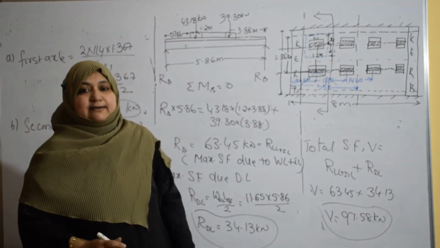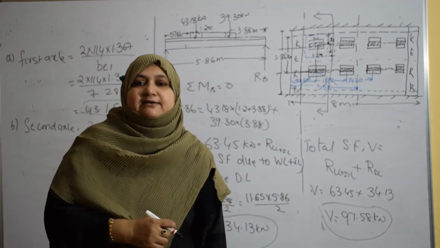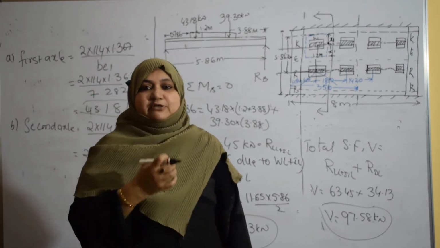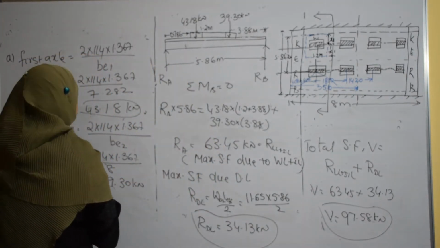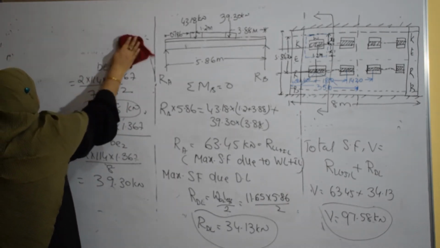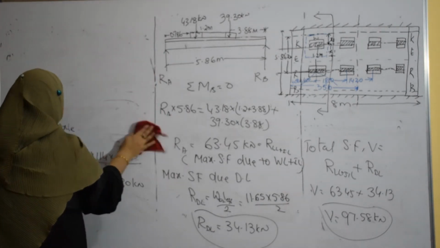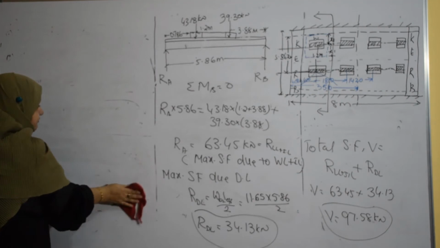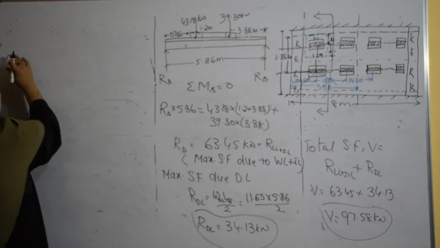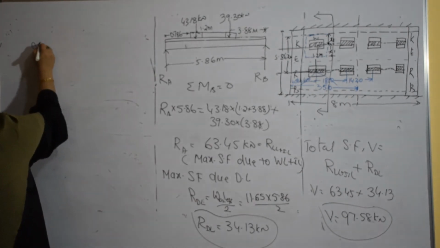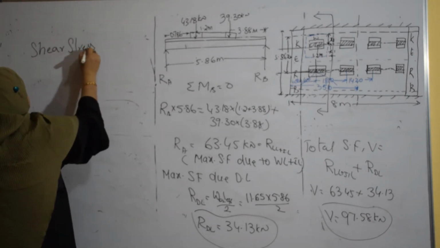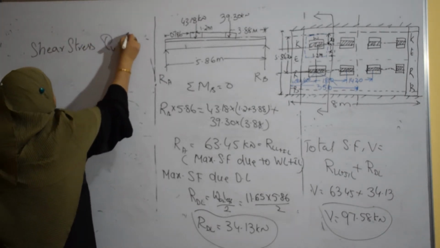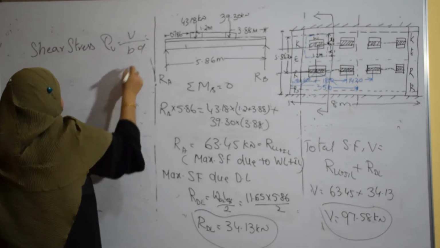So how we have calculated bending moment? Now we have calculated the shear force. From shear force we get the shear stress. All of you are very well aware how to calculate shear stress and how to check it. Once we get shear force, the nominal shear stress, we represent it by tau V is equal to V by BD.